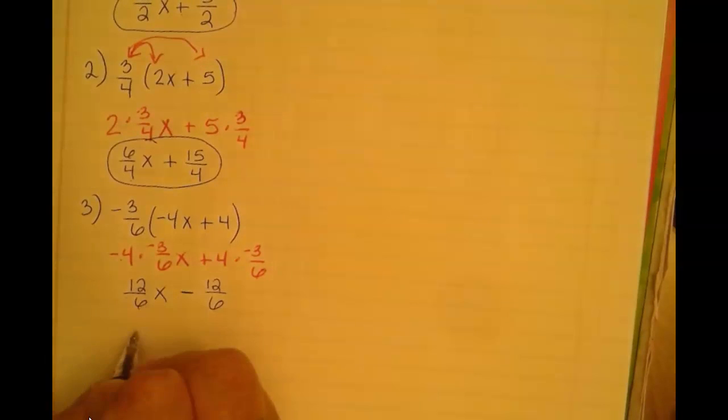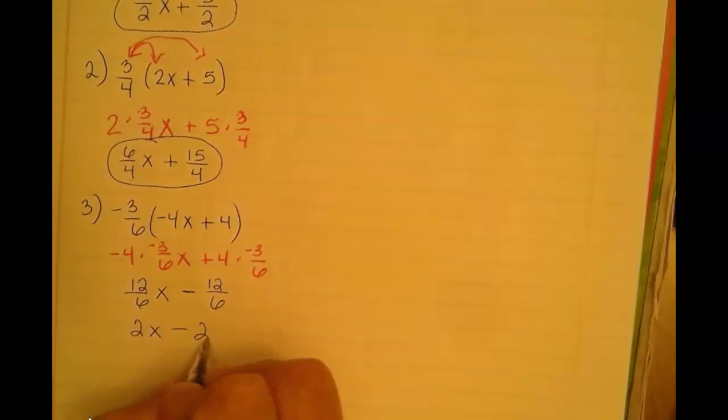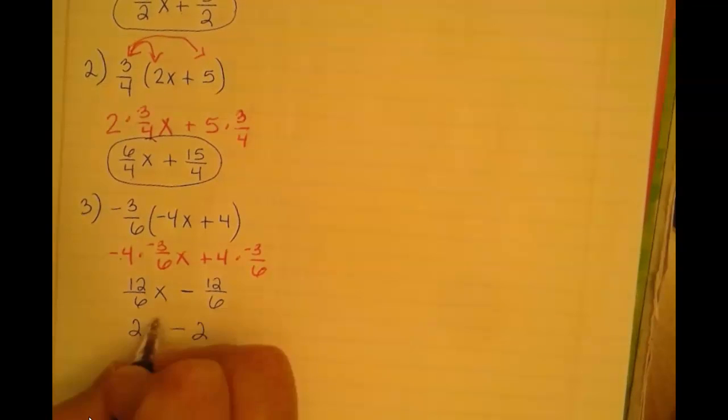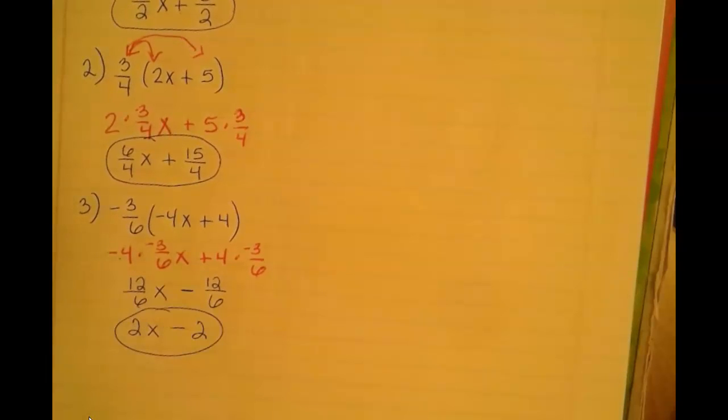So 6 into 12 is 2, so that's 2x. The minus stays the same. We're not changing the sign in our simplification. And dividing by 6 on the top and bottom gives us 2 over 1, which is 2, right? Or 6 into 12 is 2 times. So now these cannot go together because the first term has an x and the second term does not have an x. So we're done simplifying.